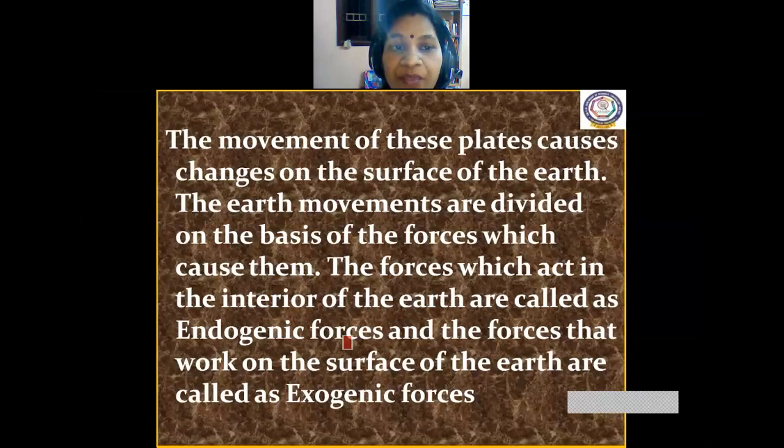The movement of these plates causes changes on the surface of the earth. The earth movements are divided on the basis of the force which causes them. The forces which act in the interior of the earth are called endogenic, and the forces that work on the surface of the earth are called exogenic forces.